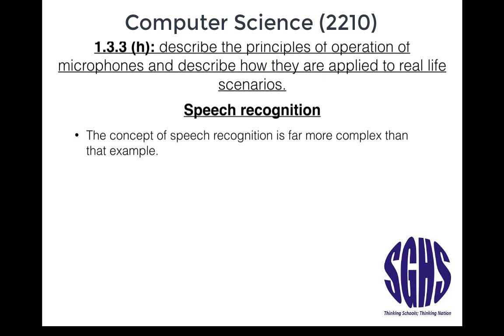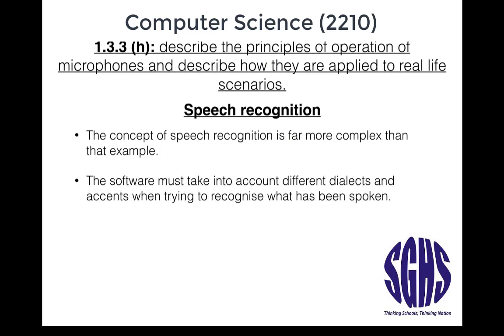This is why speech recognition can be quite hard to use. You could say something and the computer could misinterpret it totally. If you've ever spoken to Siri or Cortana, you may notice that some words that you say may not be recognized or are misinterpreted. We'll look at an example now.